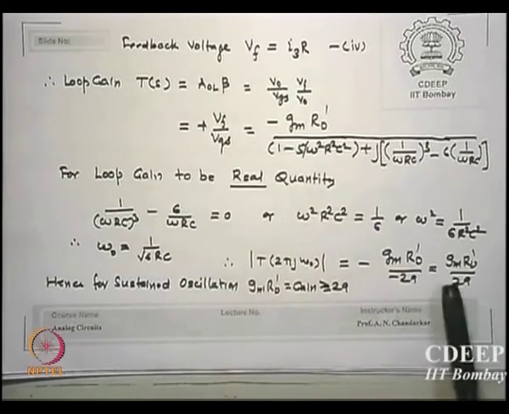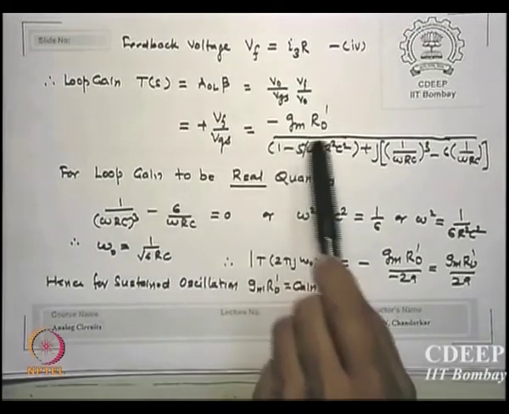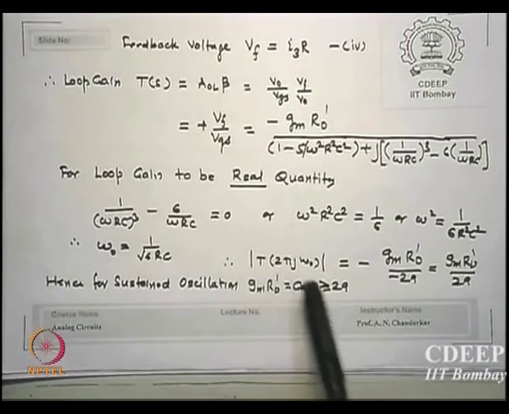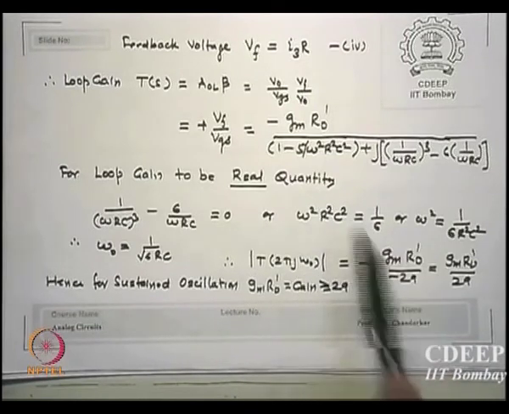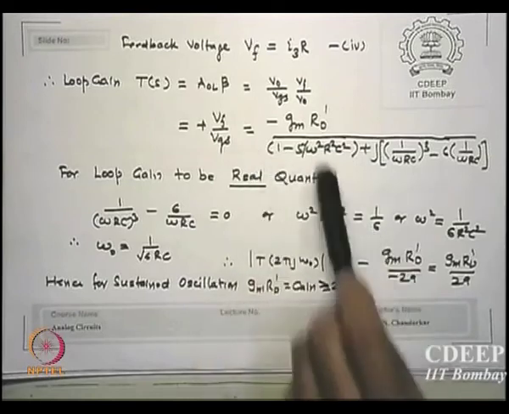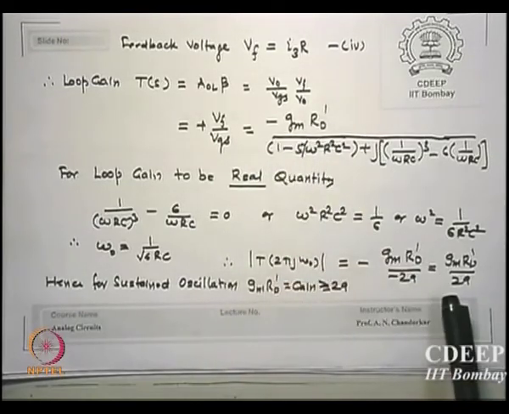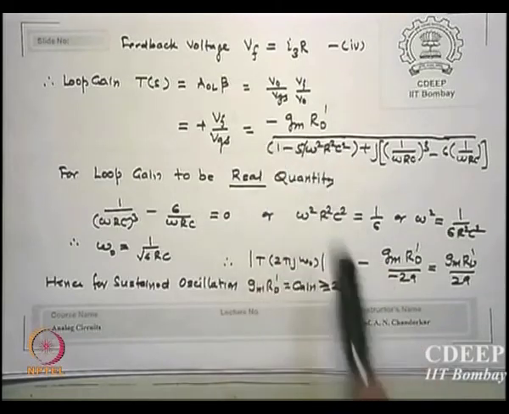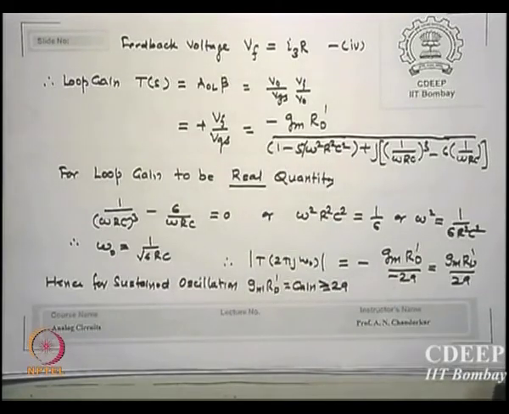I get a term Gm Rd dash upon 29. Substitute omega 0 here and get the transfer function value at omega 0. Magnitude is Gm Rd dash by minus 29. Omega 0 by Rc 6 will come from here, so you will get 29.